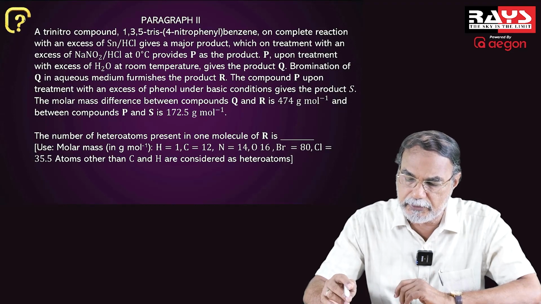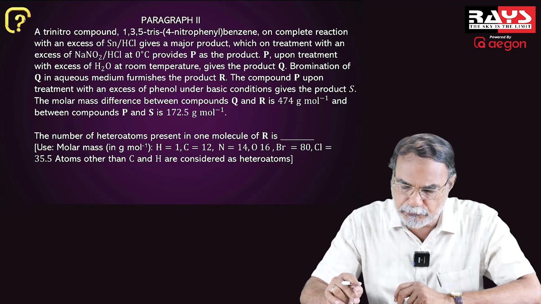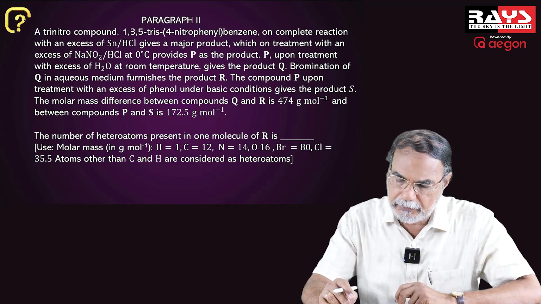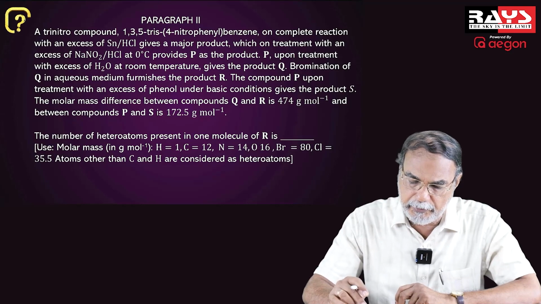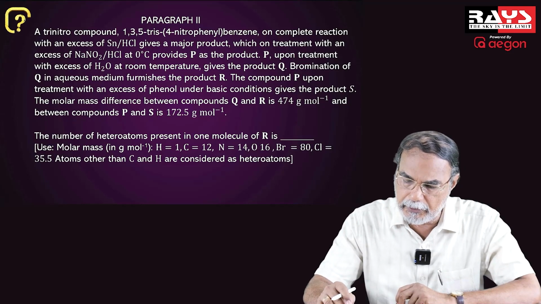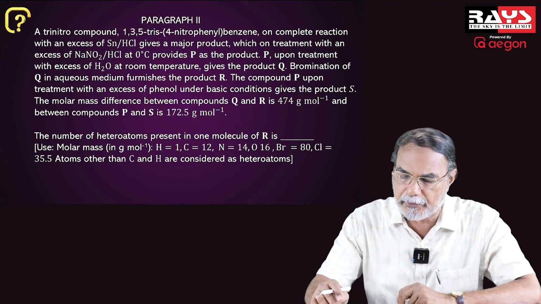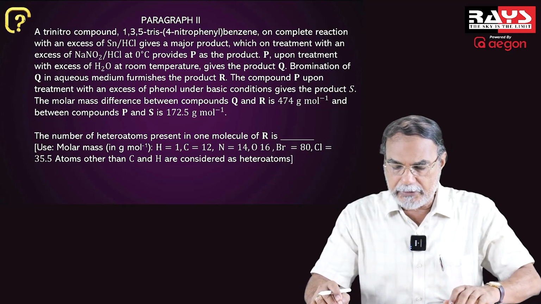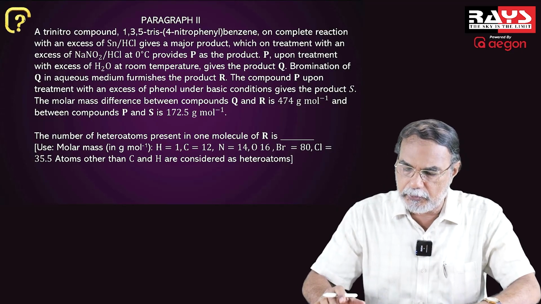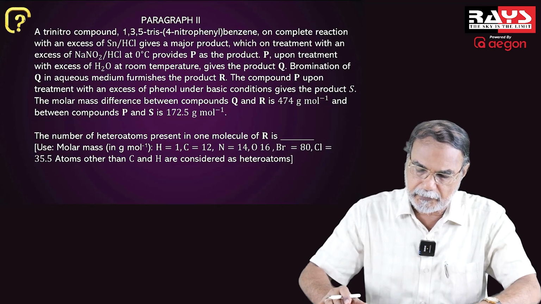So there is one reaction with tin and HCl, and then you have a reaction with sodium nitrite and HCl to give the product P. And upon treatment with excess of water at room temperature gives the product Q, and bromination of Q gives the product R, and the product P upon treatment with an excess of phenol under basic medium gives the product S. So let us try to write down the structures of P, Q, R and S.